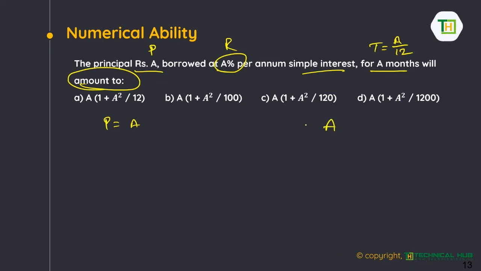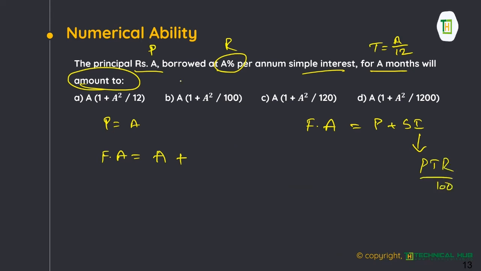You need to calculate the final amount. Final amount is equal to principal amount plus simple interest. What is the principal amount given? A, plus simple interest. What is the simple interest formula? PTR by 100, right?